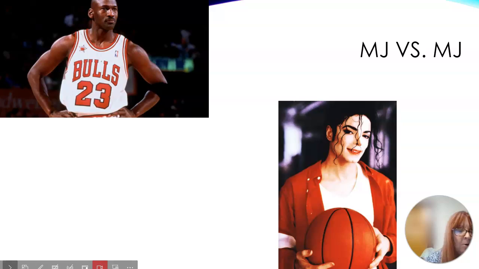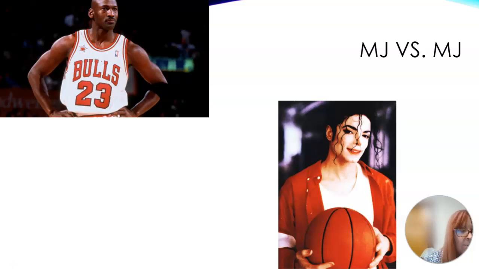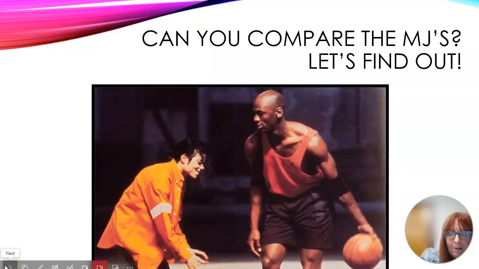There's a video, which I'm going to put in the folder, so you'll be able to watch that video on your own time. That video is that these two have a sort of competition face-off where one MJ is going to teach the other MJ how to do what he does best.